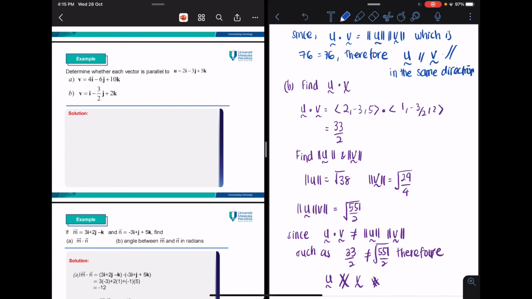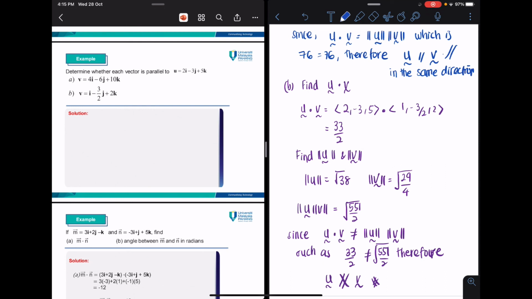So according to the expression, in order for these vectors to be parallel, you have to be able to show that the dot product between the two vectors is equal to the multiplication between the magnitudes of the two vectors. So in this case, √38 times √29 over 4, I will get √551 over 2.